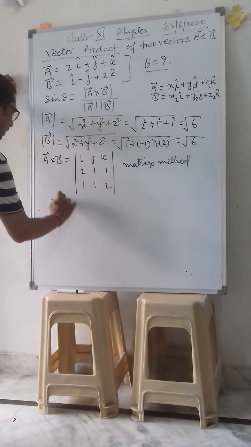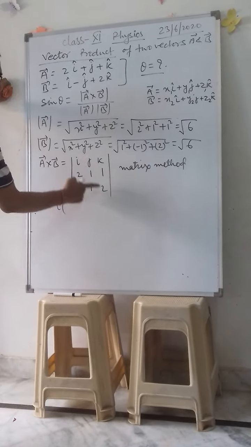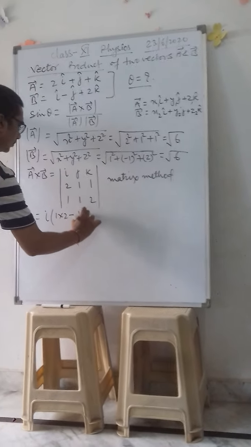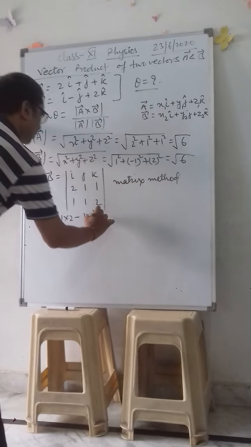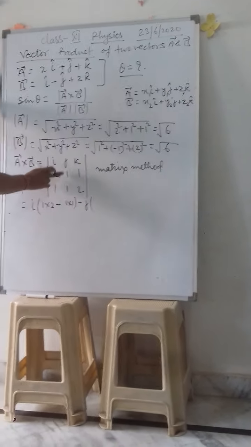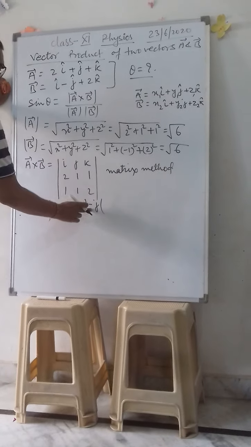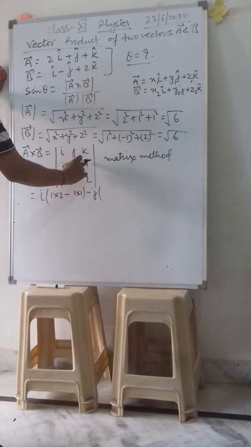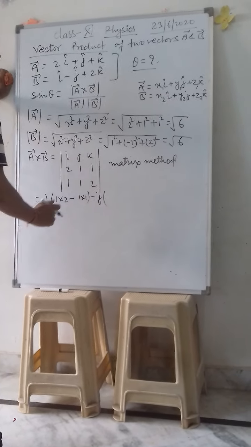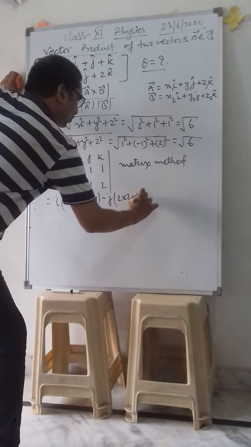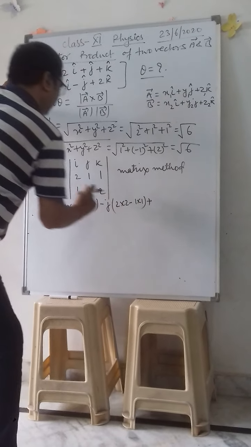For I, bracket 1 into 2 minus 1 into 1, and minus j. For this we take the minus directly and this is silent. We will observe 2 into 2 minus 1 into 1, plus k.